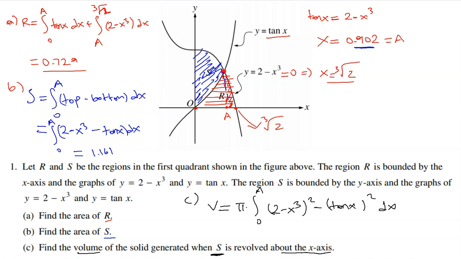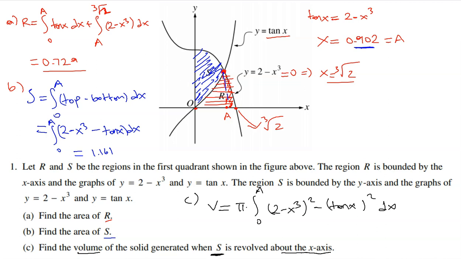All of these pi and squares are coming from the area of a circle, because if we apply the washer method, we cut the entire solid into infinitely many thin slices, and each of the thin slices will look like a disc, and we know that a disc is a circular shape. If we find the area of each of the infinitely many thin slices and add them up, we get the volume of the solid. That's what we're doing.